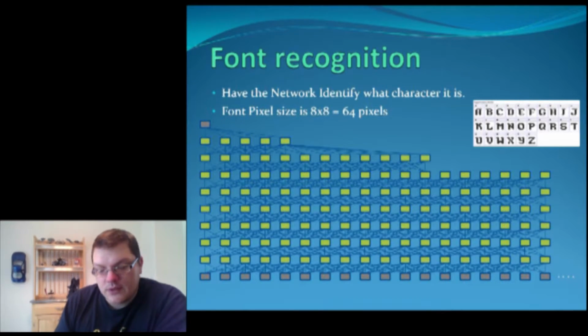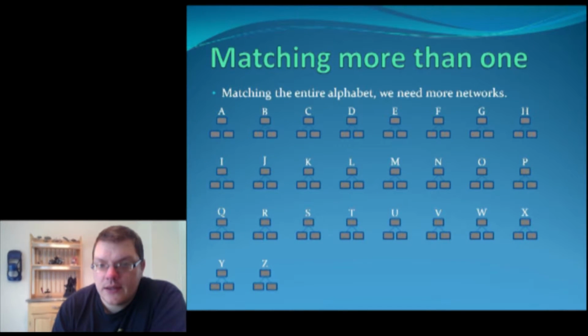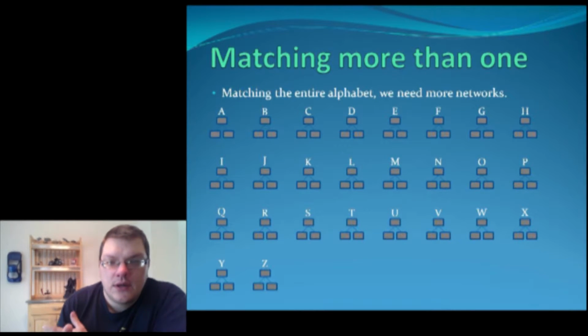So we want the output result to be very distant from our A, and we go through each letter in the alphabet until A is separated enough from the other letters, and we have enough of a separation to be able to declare that when we see this pattern, we know it's A. When we see the other patterns, we know it's not A. And so how do we extend that into the entire alphabet?